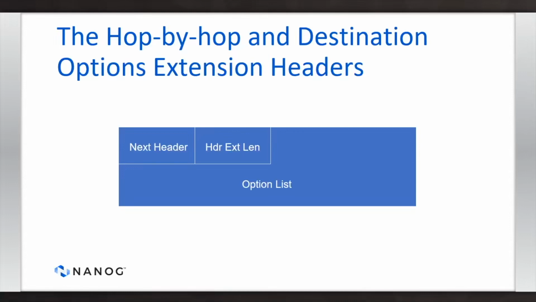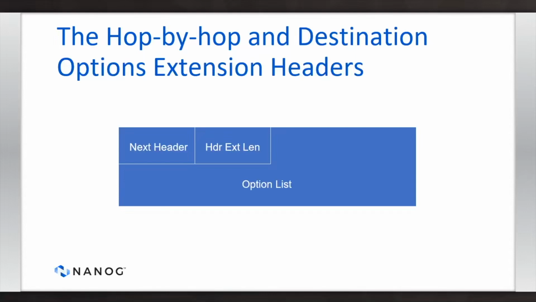Now, what does this option look like? Well, it has a pointer to the next header. It tells you how long it is, and it has a list of options that it carries. Now, the length is computed kind of strangely. The length is the number of 8-byte chunks in the header, including the next header and the extension header length, minus 1.